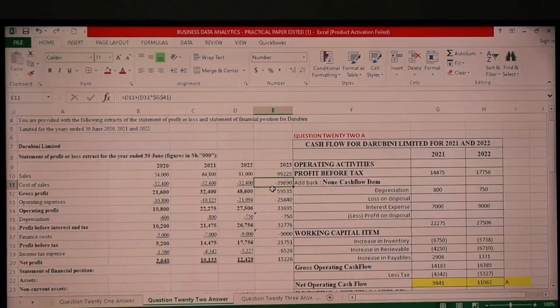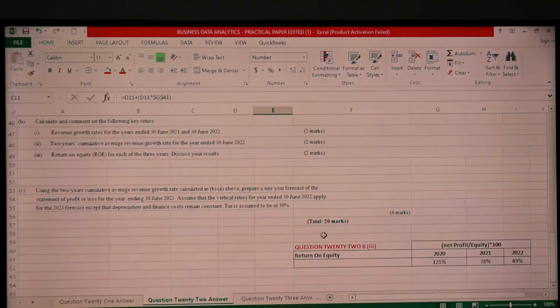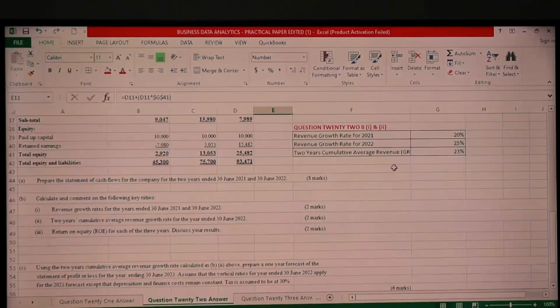So you are given the cumulative average growth rate, which we found was 23%. Why did we have to compute this? Because we have realized that the growth rate, cumulatively, for the 2 years on average was 23%.